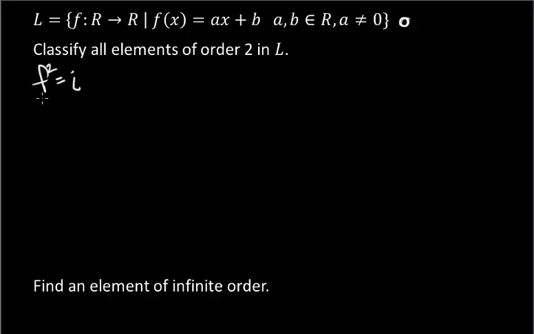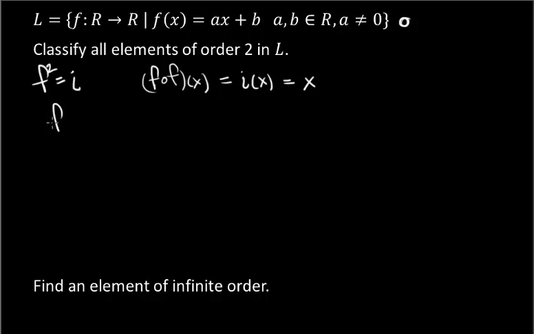So when we say a function has order 2, we mean that f circle f of x is the identity function. And the identity function, well, you could say i of x, which gives you x. The identity function is just y equals x, or f of x equals x.